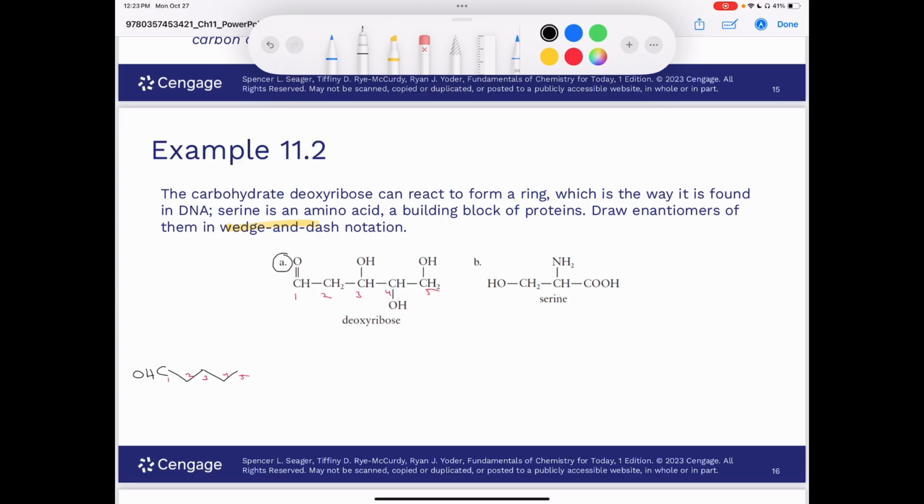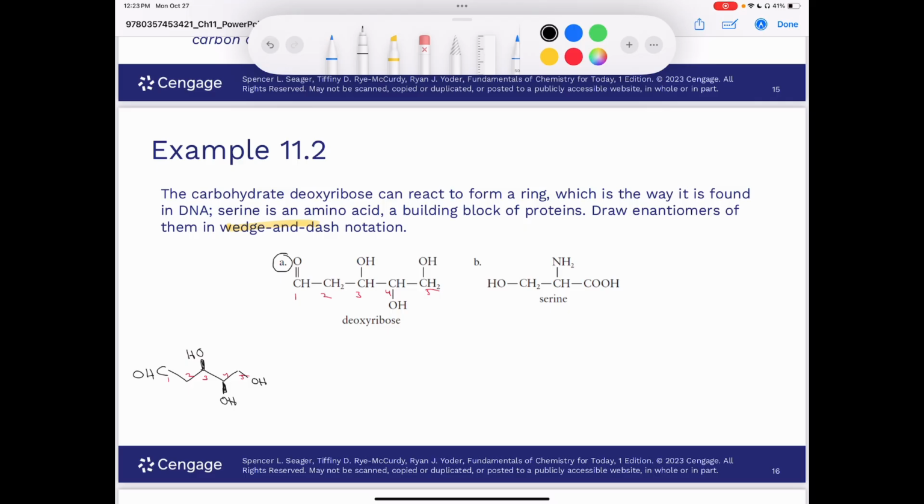Carbon 3 is a chiral carbon, so I'm going to put dash and wedge notation. So I'll just draw, this is coming up like this as a wedge. And then for carbon number 4, I'll draw hydroxyl. It's coming out like this. And then for the last one, there is no chiral carbon here, so I'll just put OH like that.